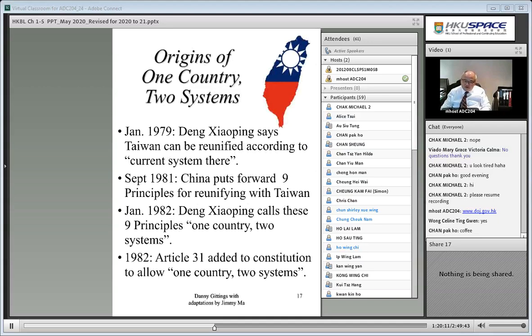And furthermore, it was round about that time when mainland China was also keen to set a policy, an overall plan, to reunify Taiwan.